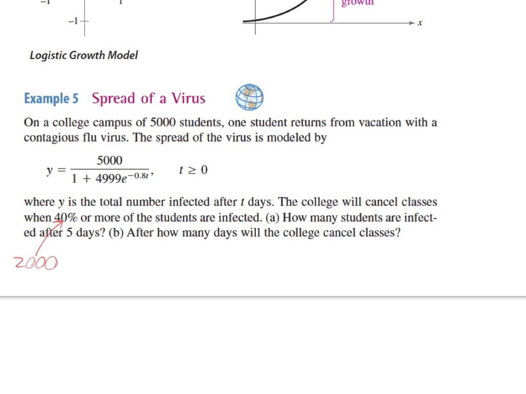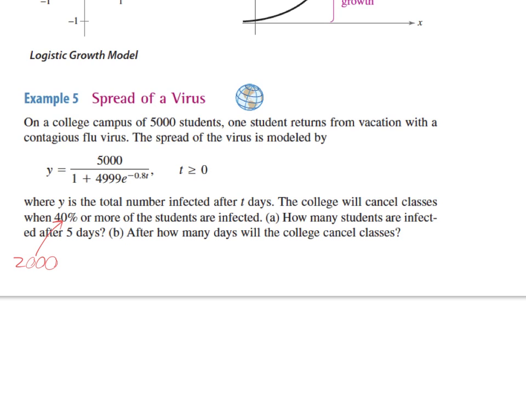The second part is a little bit more challenging. We actually have to solve the equation. After how many days will the college cancel classes? How are we going to figure that out? Keep plugging in different values of t and hope it's not like 100 days.